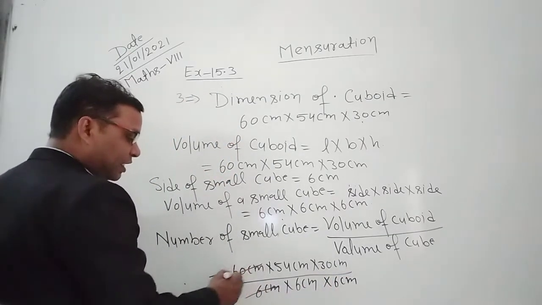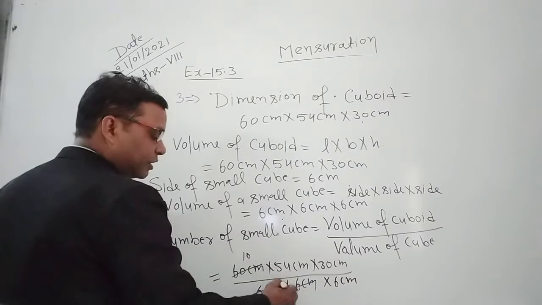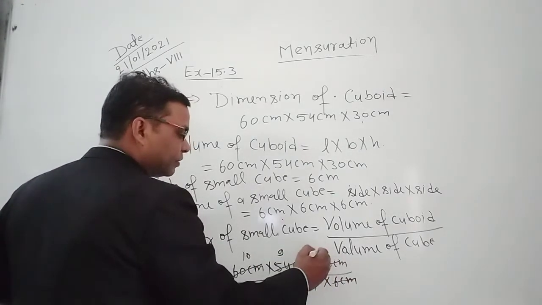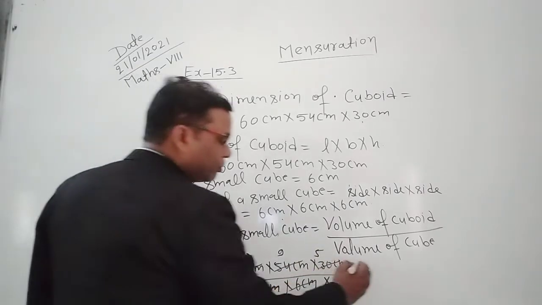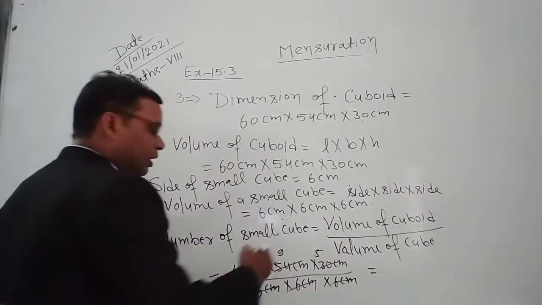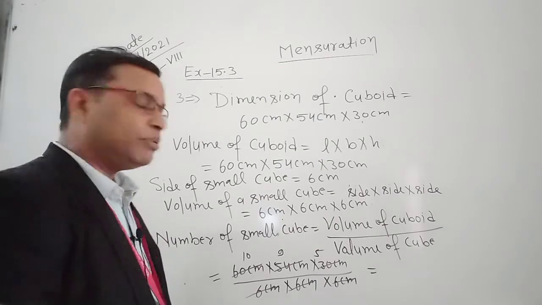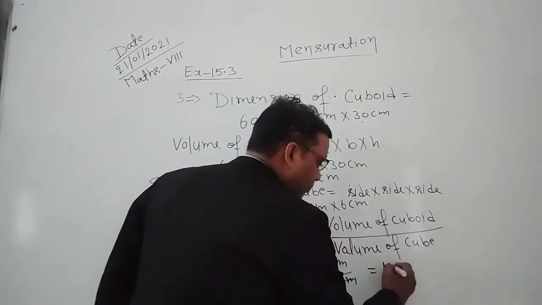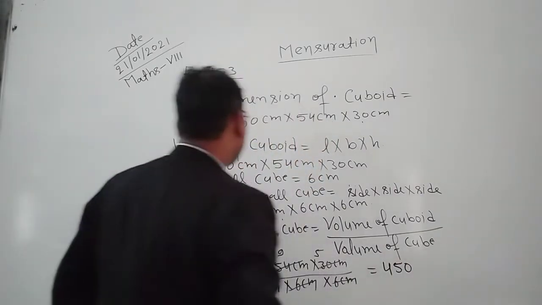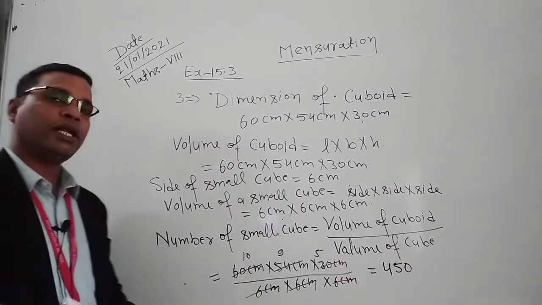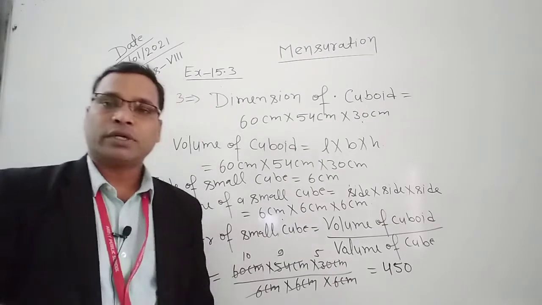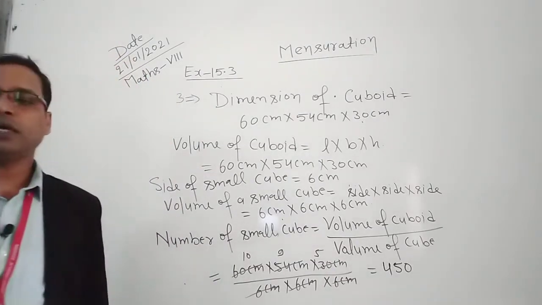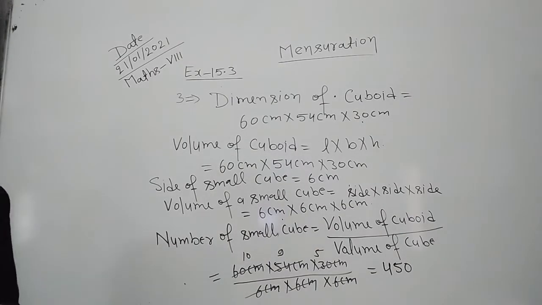So you can cancel it 10 times, cancel it 9 times, and you can also cancel it 5 times. In this way you can see 9 times 45, 45 into 10, this is equal to 450. The number of small cubes is 450. So students, I hope all of you understood this question.